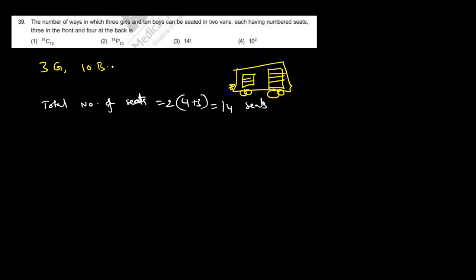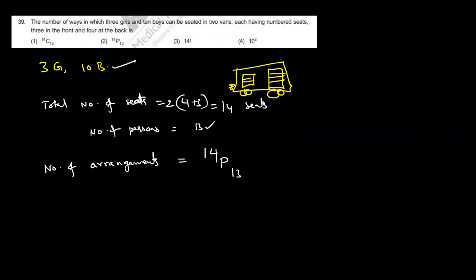Total number of persons is 13. Therefore, the number of ways is simply the number of arrangements. What is the answer? Here we have to decide whether to use permutation or combination. Yes, good. Permutation is the one.